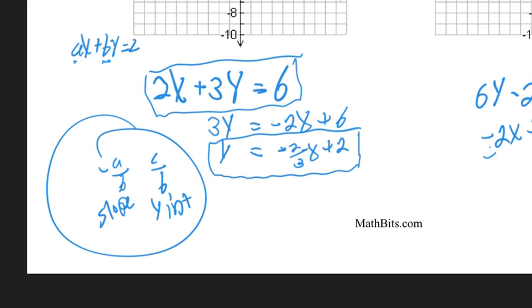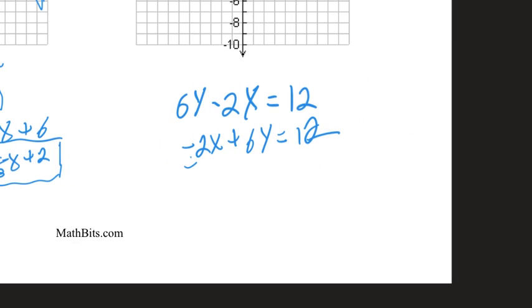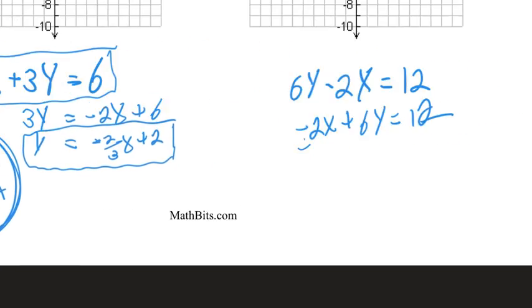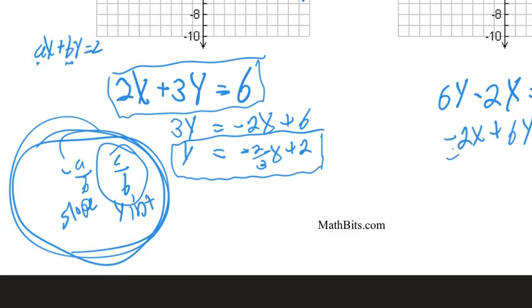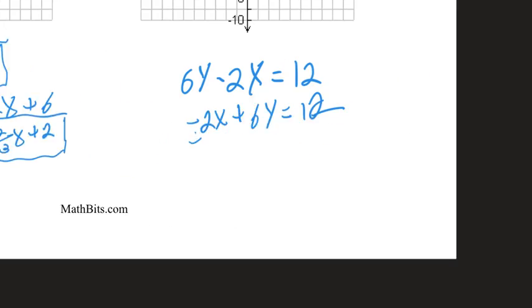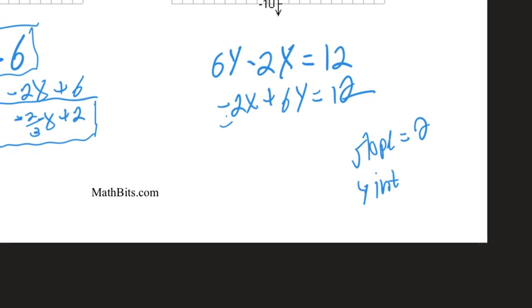And from the standard form, if I want to just use this, then I'm going to say negative a over b is the slope, but I need the y-intercept first. C over b is the y-intercept, which is 12 over the b number. 12 over 6 is 2.